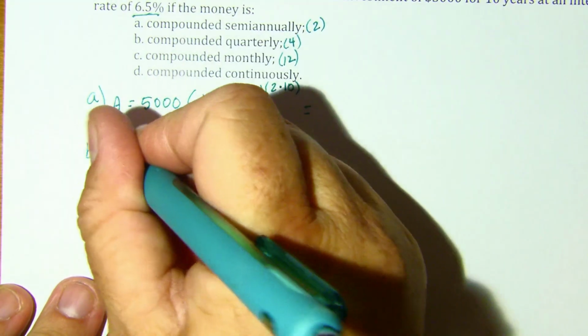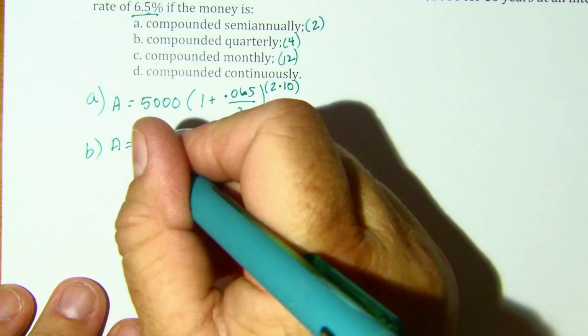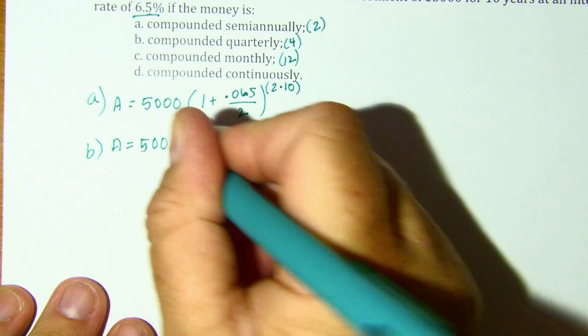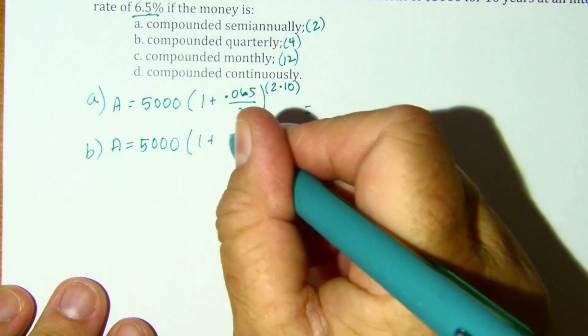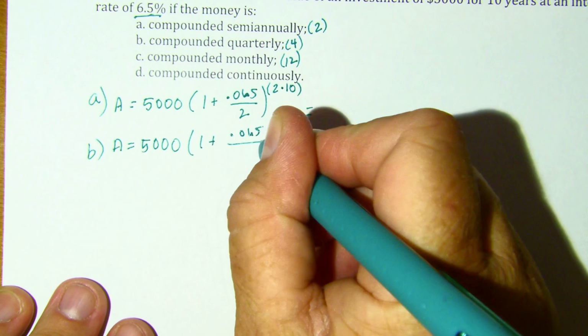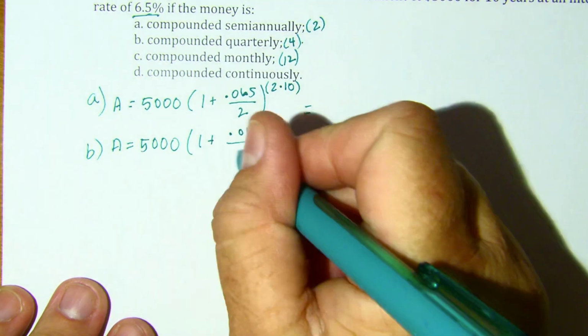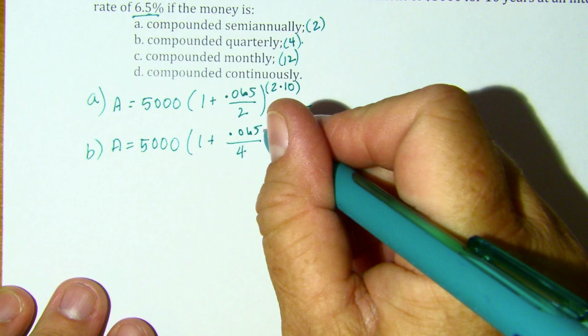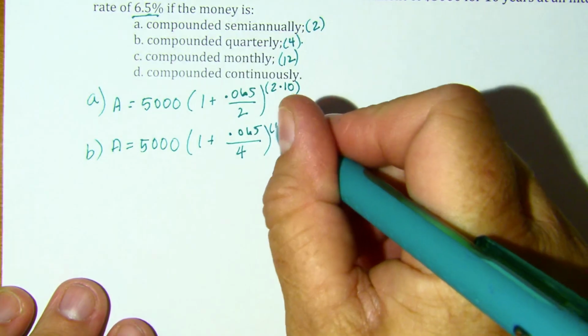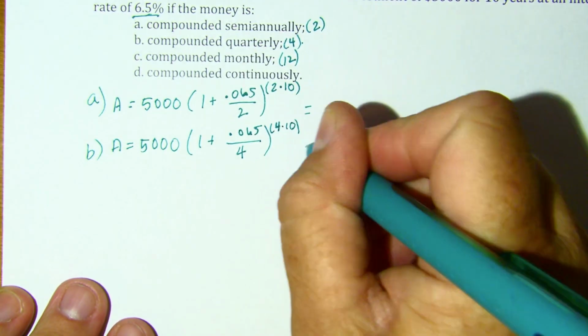For B, our accumulated value will be equal to our principal amount, $5,000, times 1 plus 0.065 divided by 4, our number of times we're compounding, and then to the power of 4 times 10.